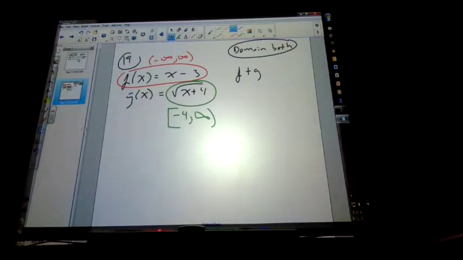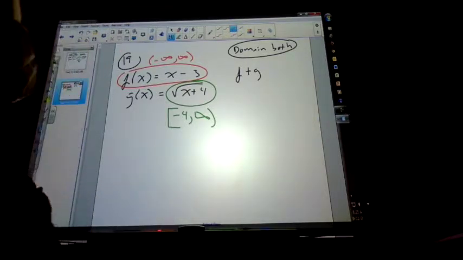If I add, subtract, multiply, divide, or substitute in, no matter what operation I do with these, my domain has to be that restricted or more. Meaning, I can't do a mathematical operation to this problem, and then all of a sudden the domain goes from negative to positive infinity. You find your original domain.